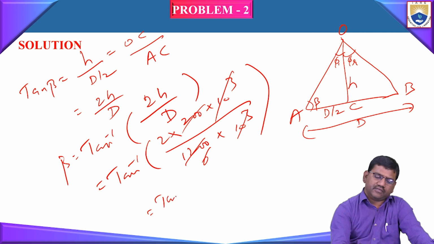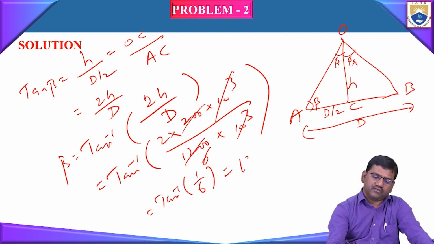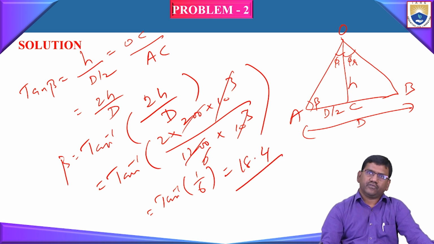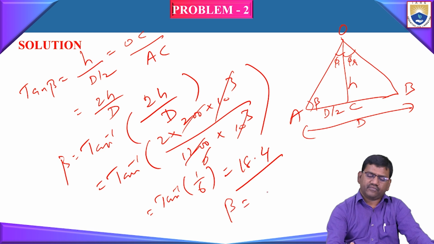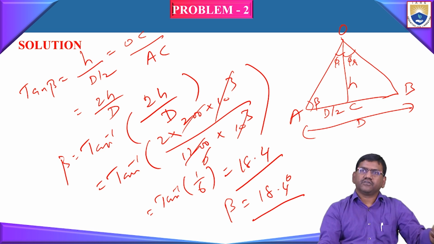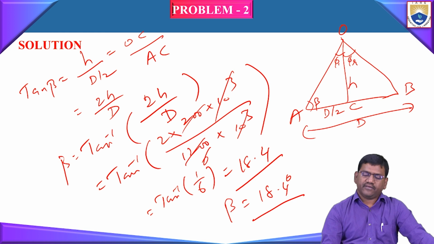This is equal to tan inverse of 1 by 6 you will get. So this is equal to, we'll get 18.4 here. So this is the value of takeoff. The takeoff angle is nothing but 18.4 degrees. So at the angle of 18.4 degrees, we need to transmit the signal so that the wave is returned to the earth from a height of 200 kilometers.